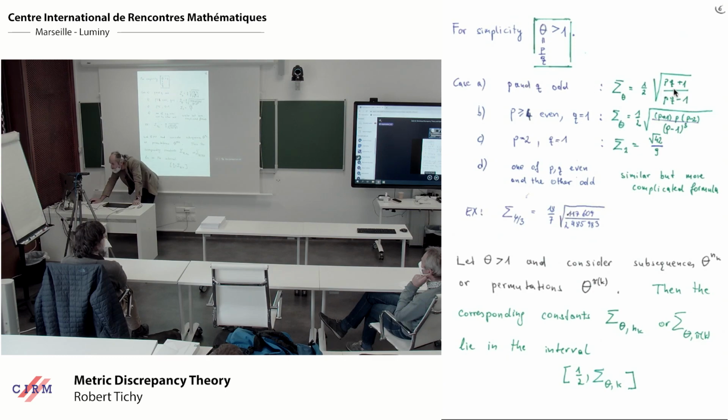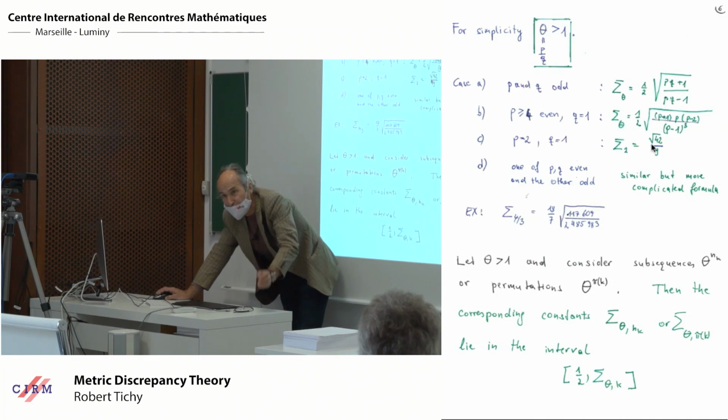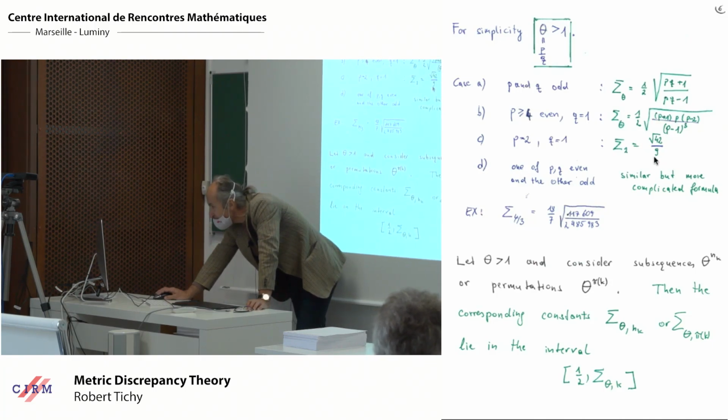And you see here a complete list of cases. P and Q odd. This value of the constant sigma theta is this value. P bigger than 4, even. Q1, this value. P2, Q1, strange value, square root of 45/9.